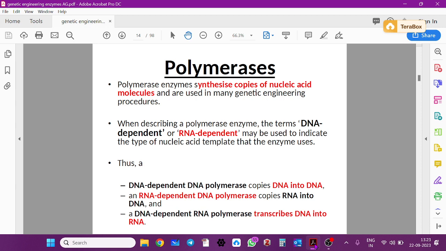So on top of it, if it is DNA, then this enzyme sits and synthesizes its reverse complementary sequence. The polymerase synthesizes its reverse complementary.